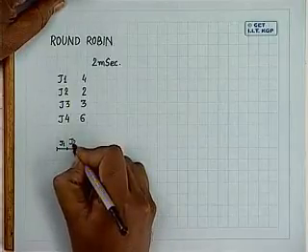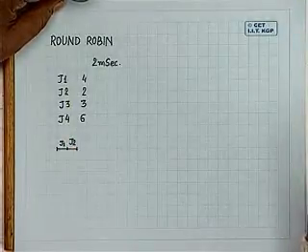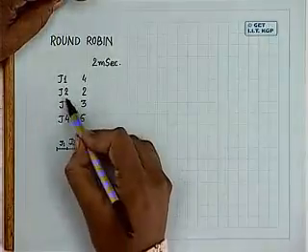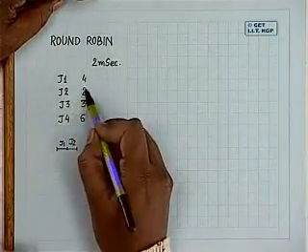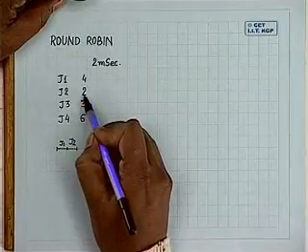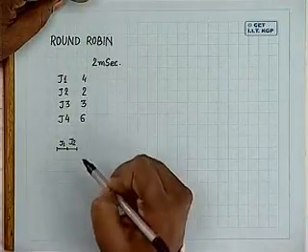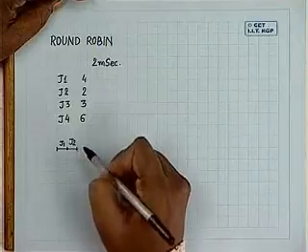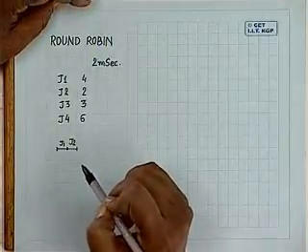J2 will again be executed for 2 milliseconds. And you find that here the CPU burst time requirement of job J2 was also 2 milliseconds. That means the CPU burst requirement of this job J2 is complete.